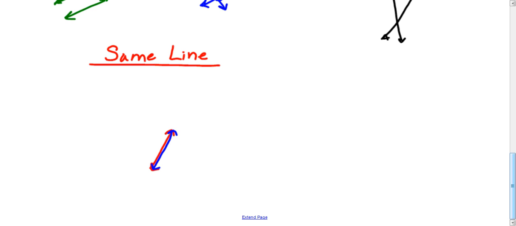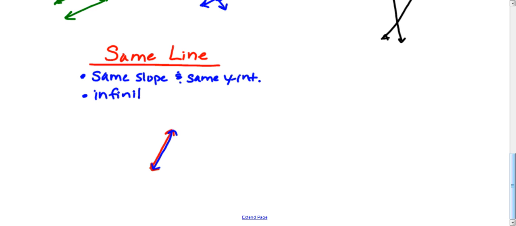Okay, and so what I have here is I have the same slope and the same y-intercept, which doesn't always happen, but it can. And those have infinitely many solutions. They cross in every spot on the line. Okay, so that should help you with your homework.